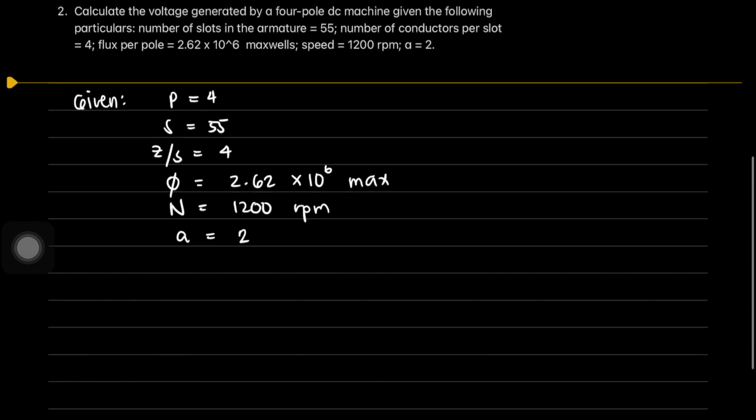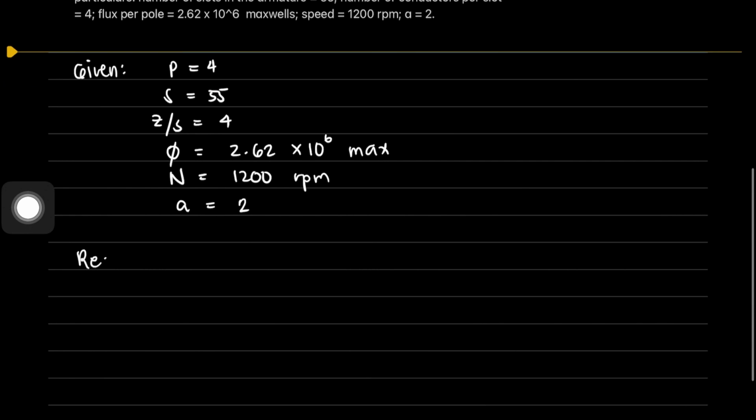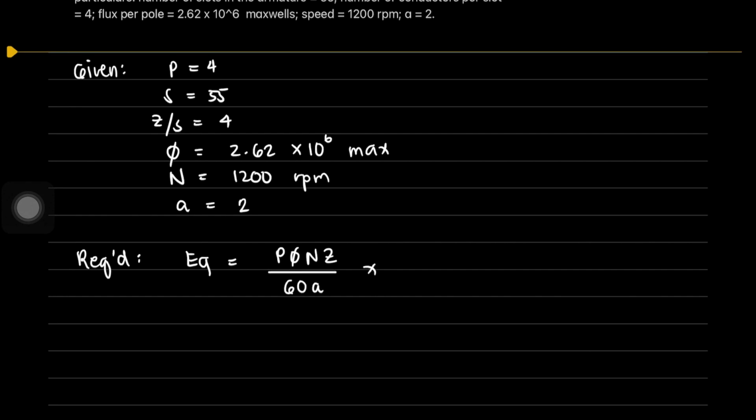So, we are required to calculate the voltage generated of this machine with these given particulars. Now, the required is Eg, and it's equal to P, phi, N times Z all over 60 times A multiplied by 10 raised to negative 8, and this is in terms of volts.